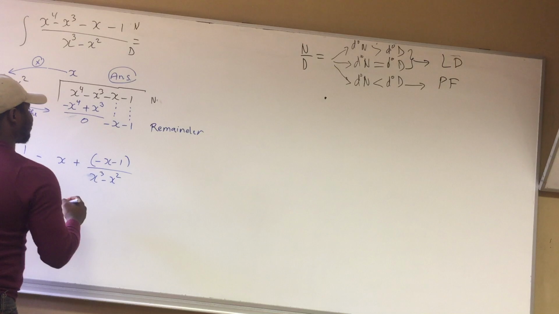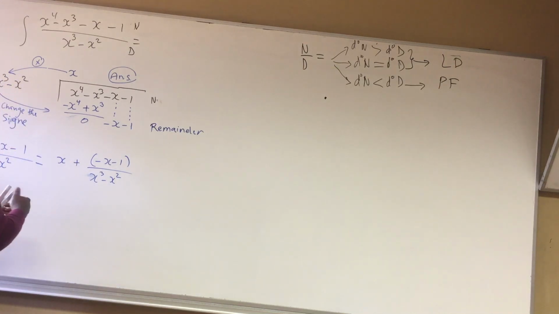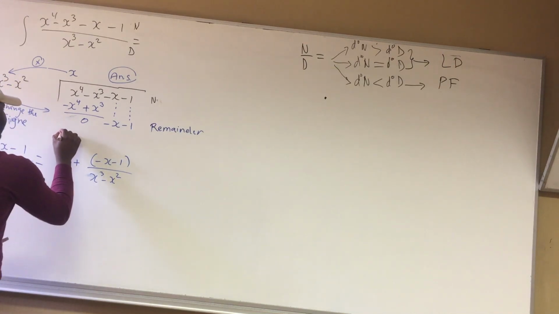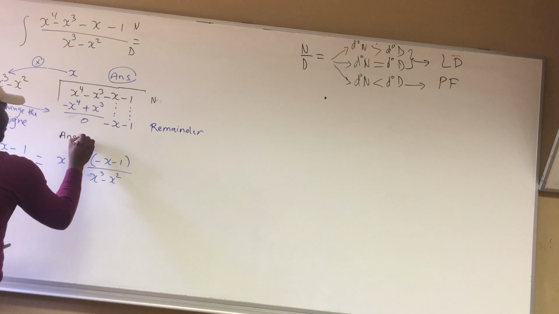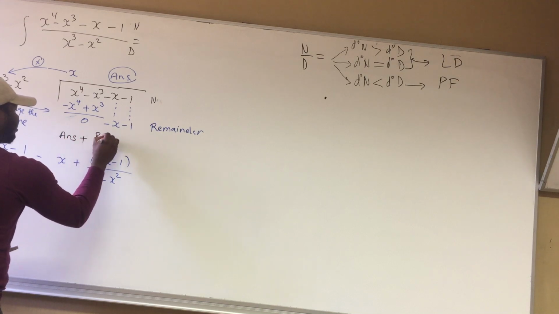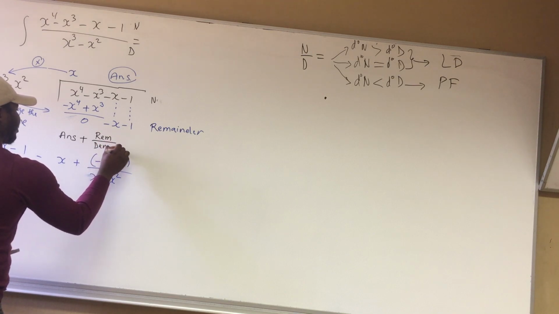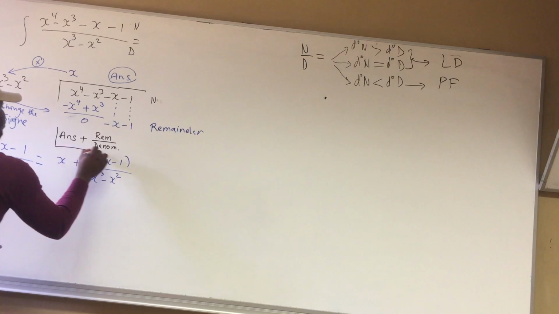So basically, how do you write it? You write the answer plus the remainder divided by the denominator. This is the rule.